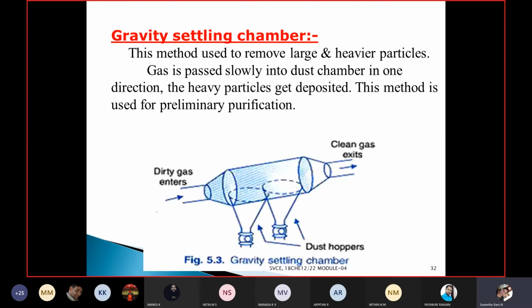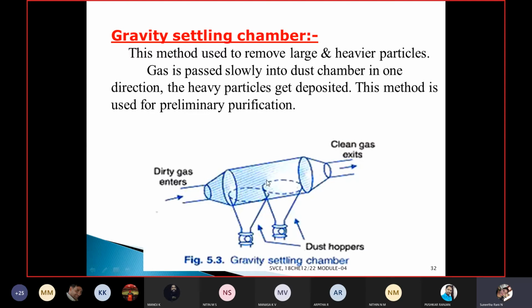Clear? One way of removing it is, I will show you the gravity settling chamber. Because these are very tiny particles, from one side a dirty gas is passed into the chamber, and here you can see funnel-type settlers, or dust hoppers, where all the dust particles or particulate matter can be collected.